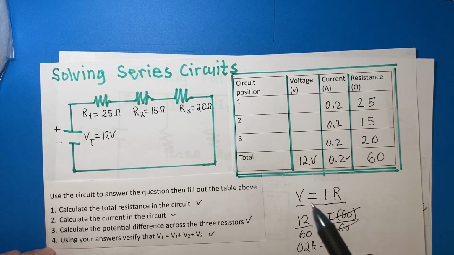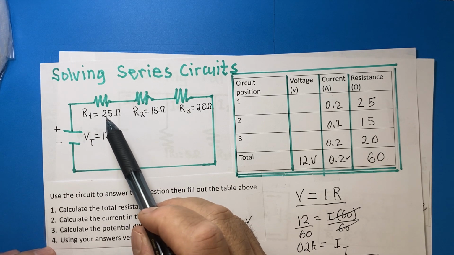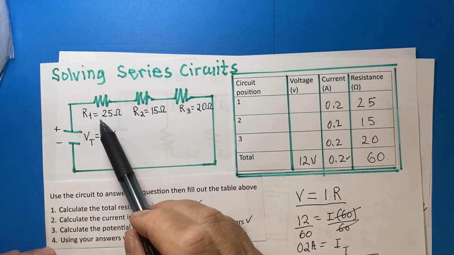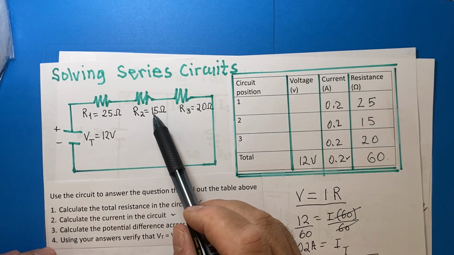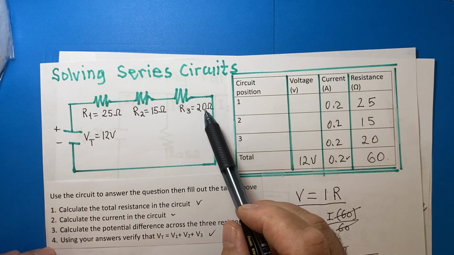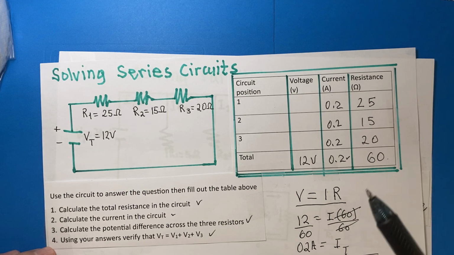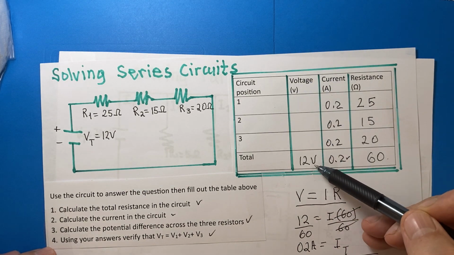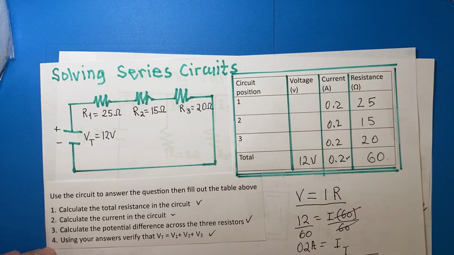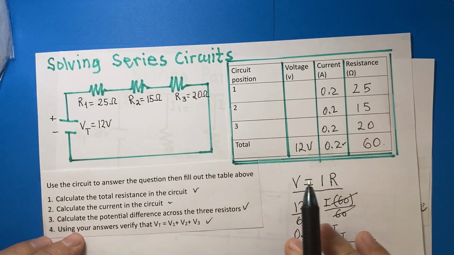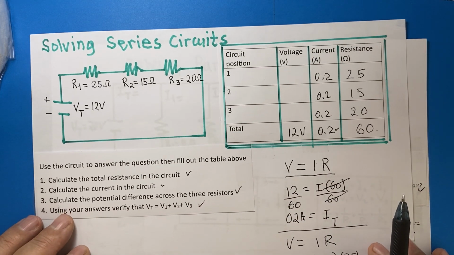That's easy because individual resistances are given: 25 plus 15 plus 20, 60. What else is given? Voltage, 12 volts, is provided. Second question is calculate the current in the circuit.